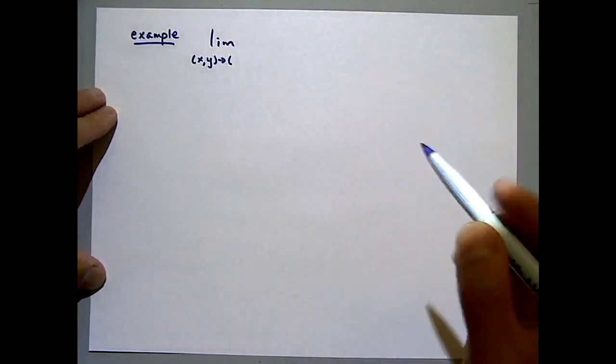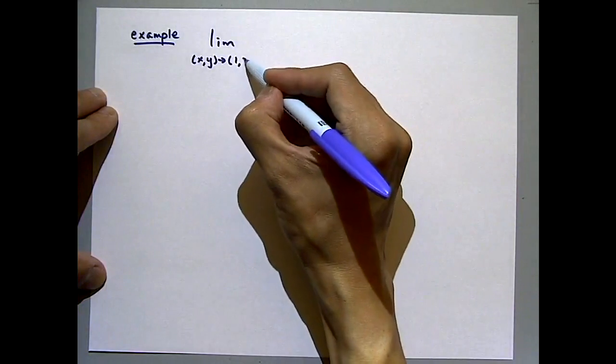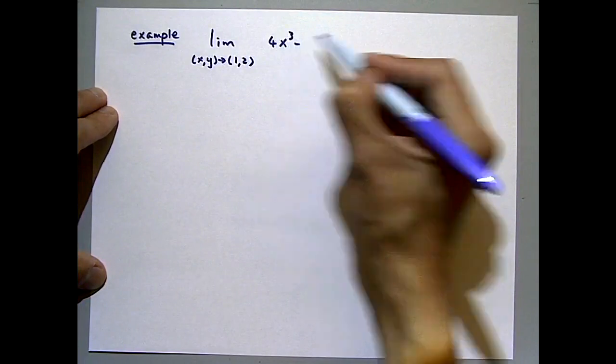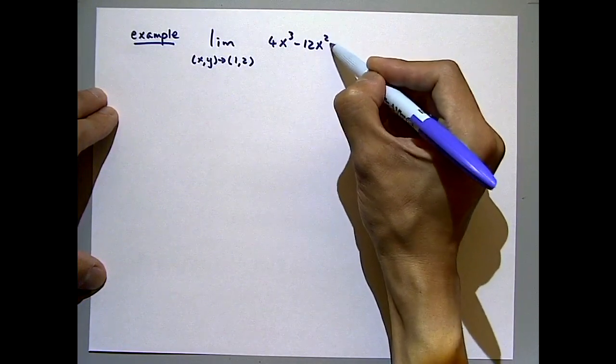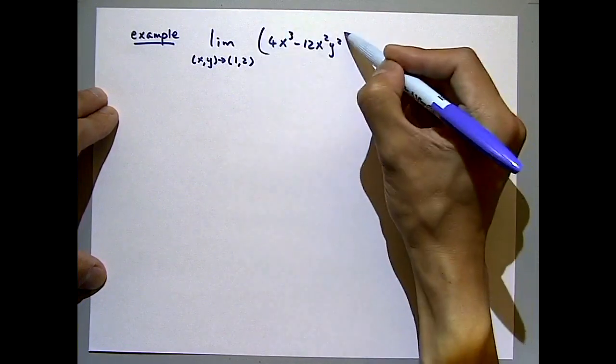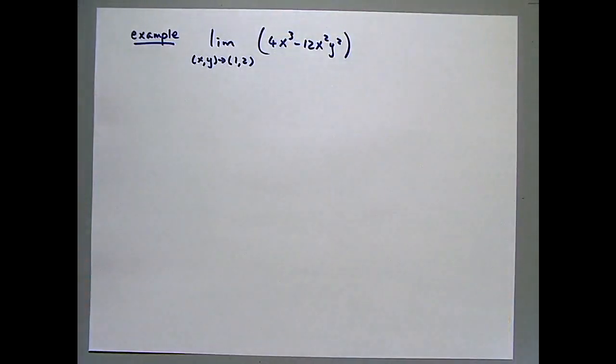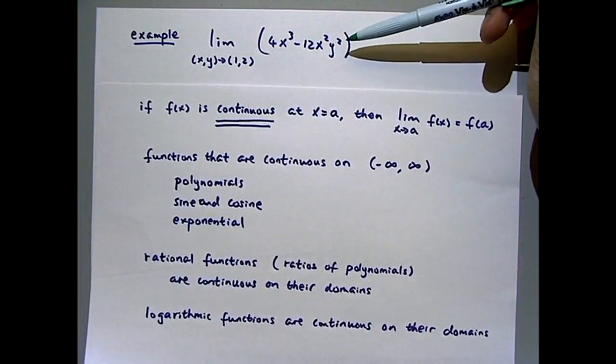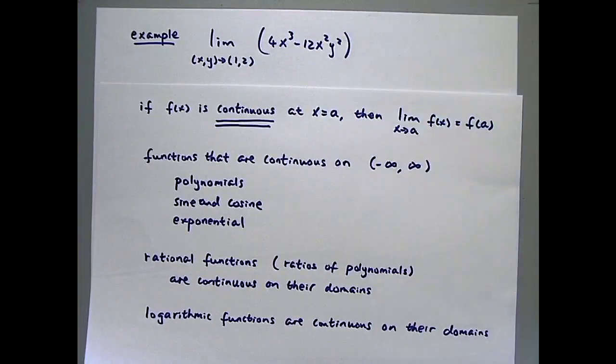Let's look at what happens to the function as x and y go to 1, 2. And the function is 4x cubed minus 12x squared y squared. This is a classic example of a polynomial in 2 variables.